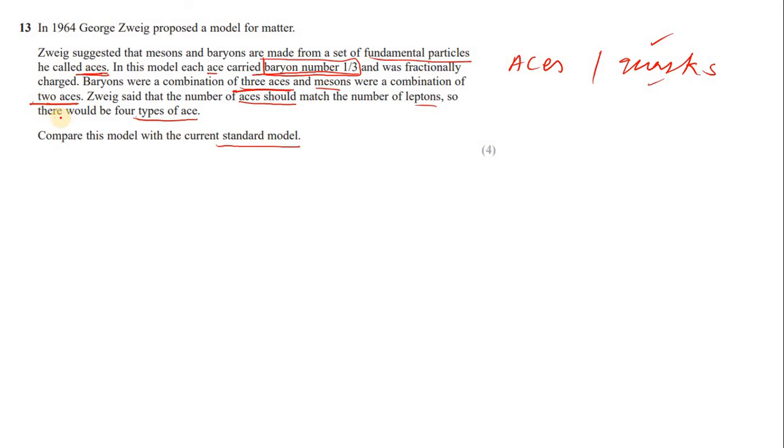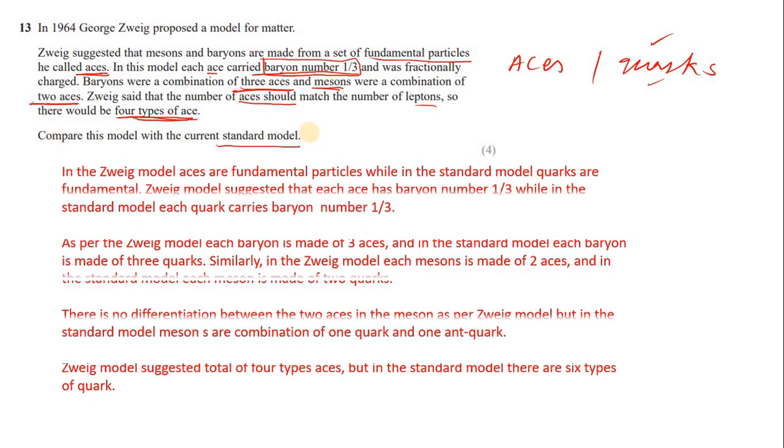But in the quark model, we know that mesons are made from a pair of a quark and an anti-quark. So this is a difference between the two. Moreover, he said that there have to be 4 types of aces, but in the standard model, instead of 4 quarks, we have 6 quarks. You can combine all this information in one statement or bullet points. It's your wish.